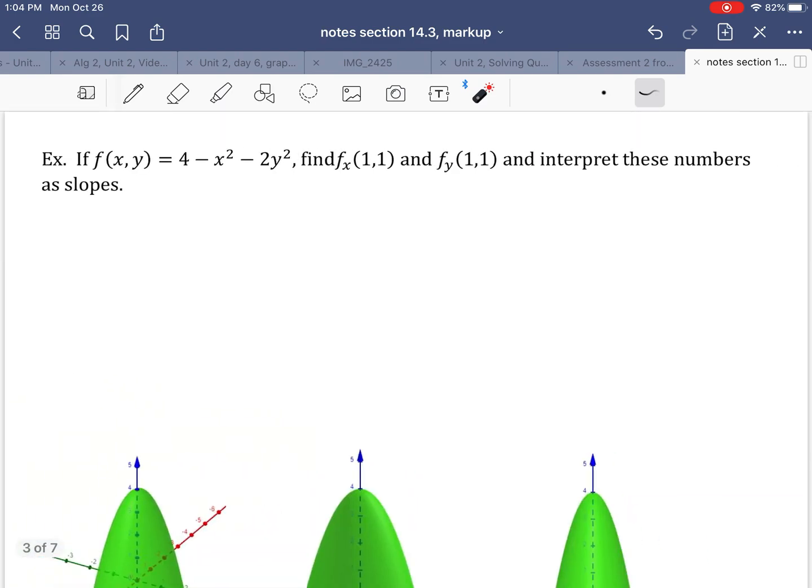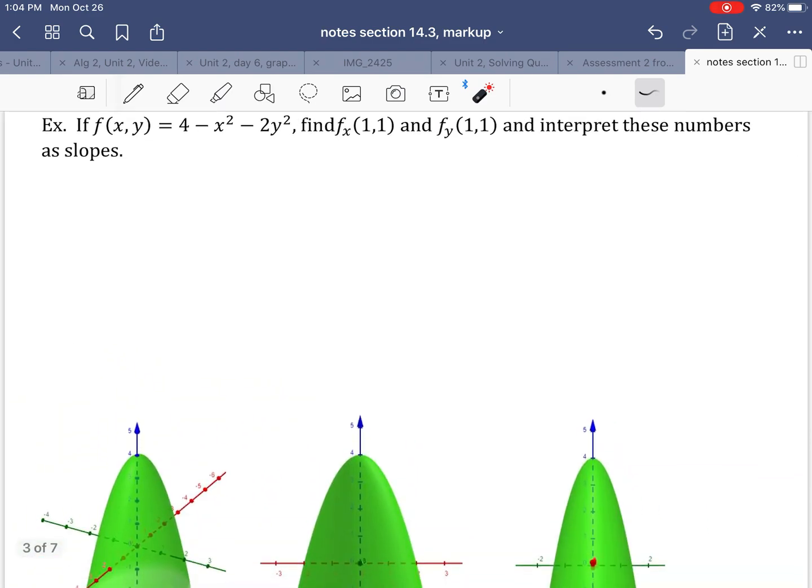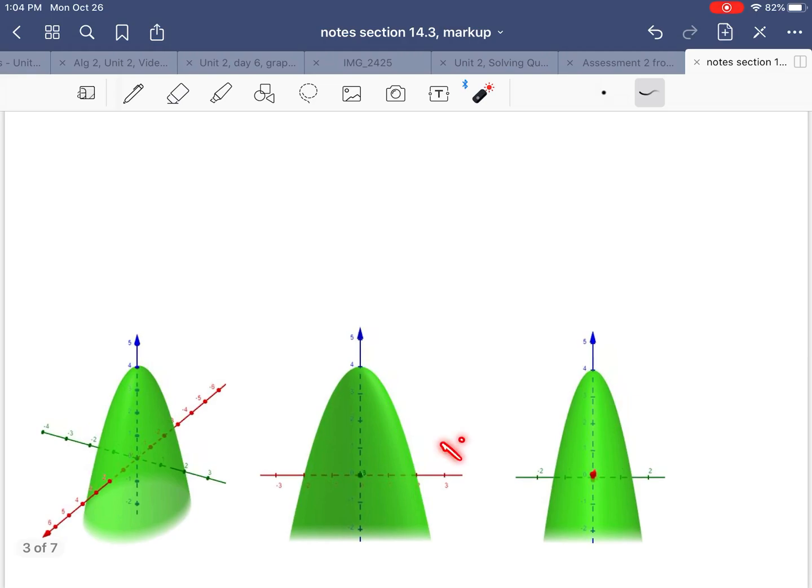It's broken up parametrically, I guess you can think of it in a way. Down below here I have a few pictures. I got this guy right here, which is our main function, a paraboloid. And then I have two views, one with x and z up here, and the other with y and z. Looking at x and z, it's not as steep as this one over here.